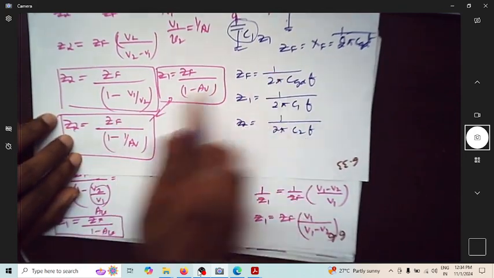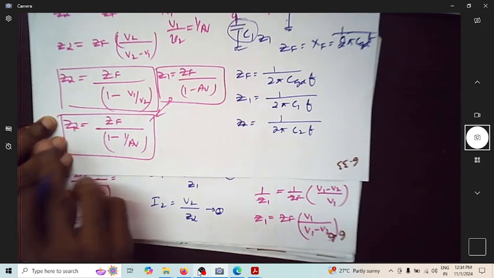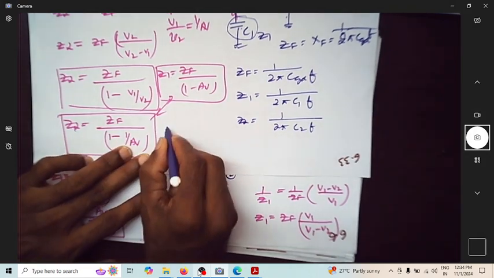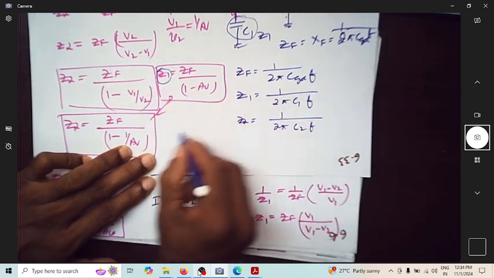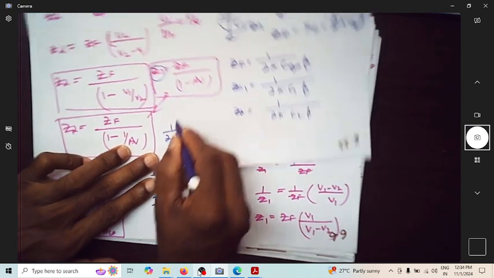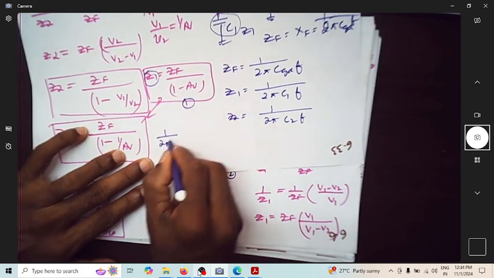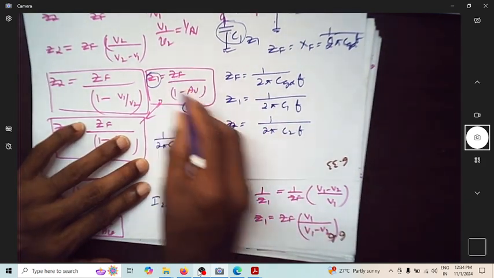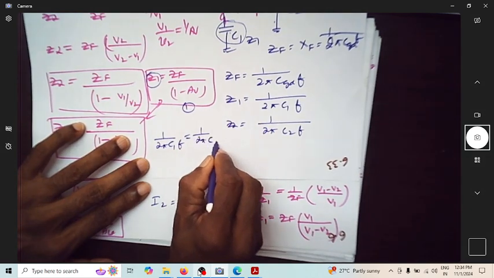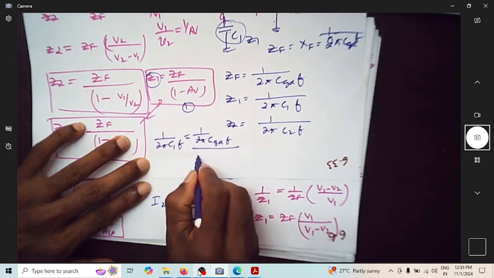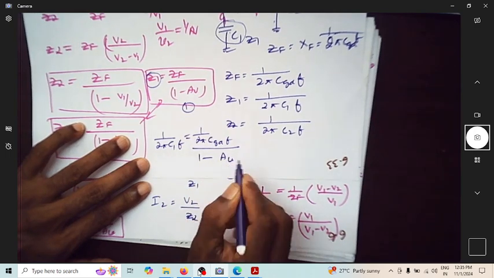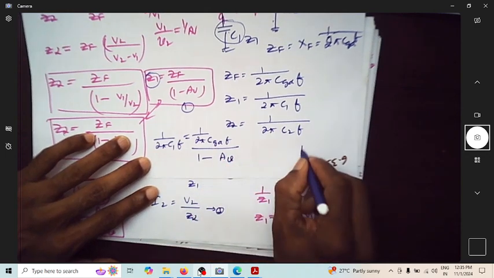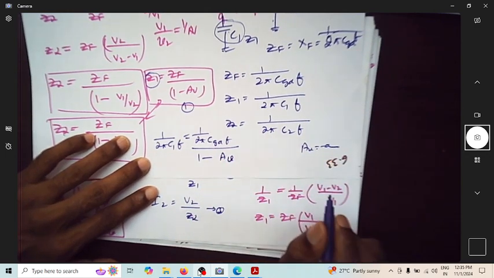Now let us use those Z1, Z2, ZFs to find what is C1 in terms of CGDO and so on. So in place of Z1, shall I write it as 1 over 2 pi F C1 into F, using the first equation, is equal to, what is ZF? ZF is 1 over 2 pi CGD into F divided by 1 minus AV. What is AV in case of your amplifier now? AV in case of amplifier is actually minus GM into RD.